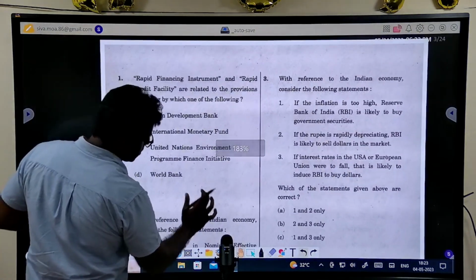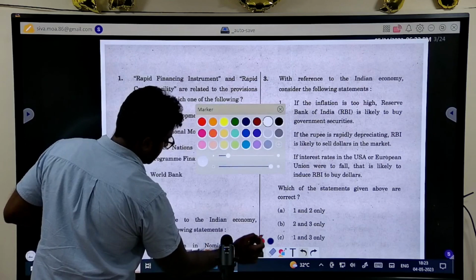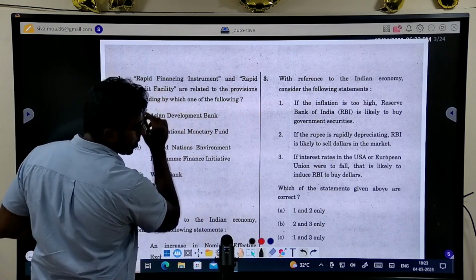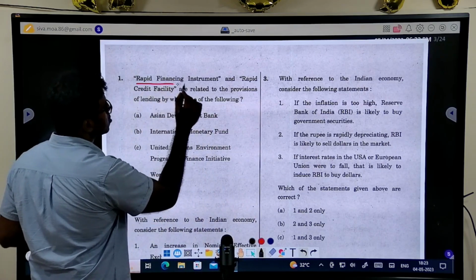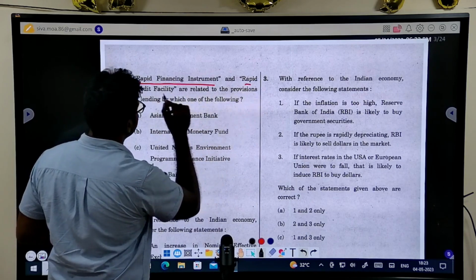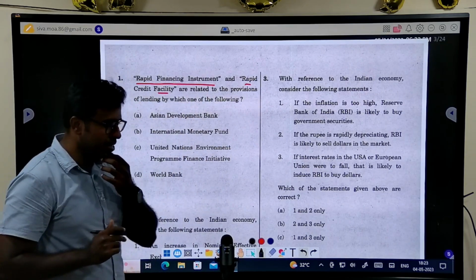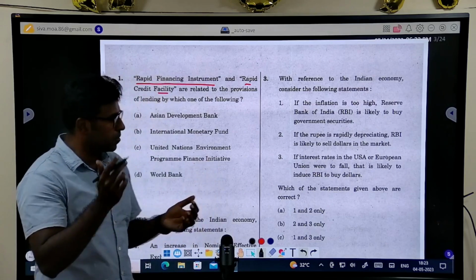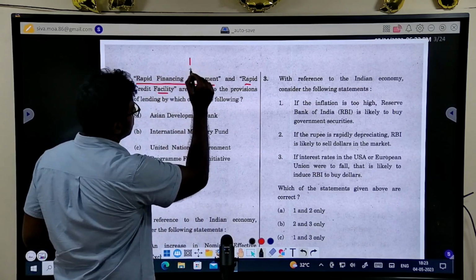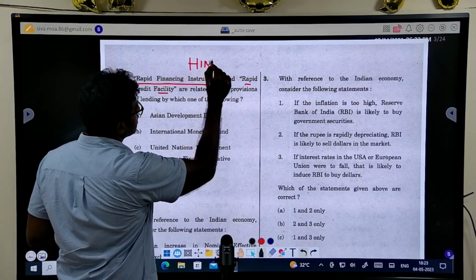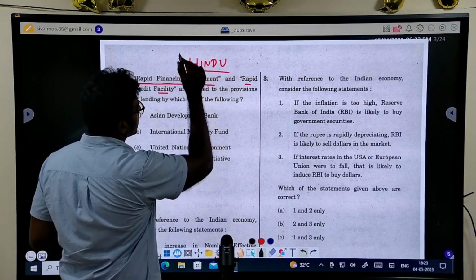If you happen to see, we'll solve the first question. The first question happens to be about the Rapid Financing Instrument or Rapid Credit Facility. During this process, I will also tell why reading the paper is actually important.